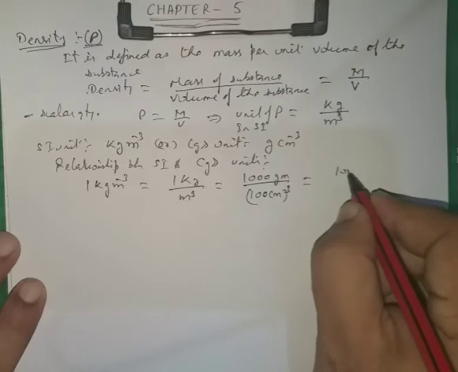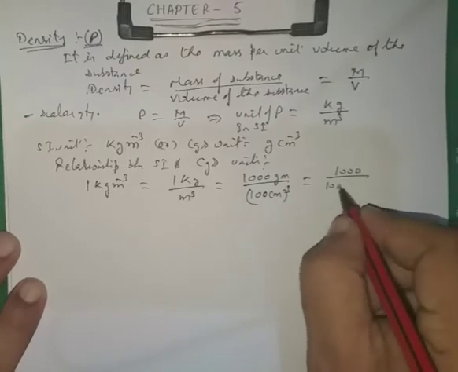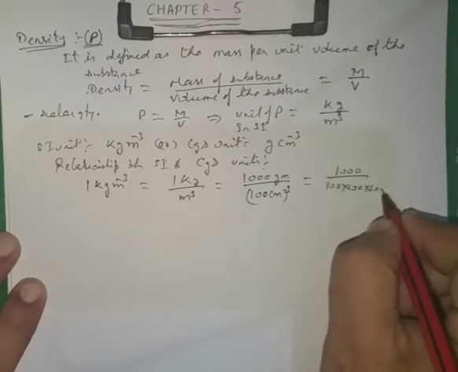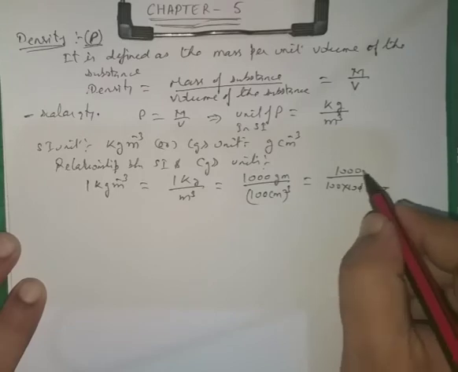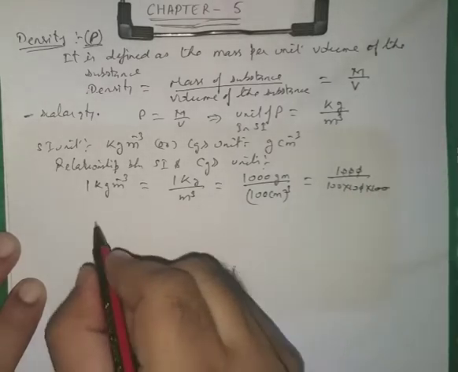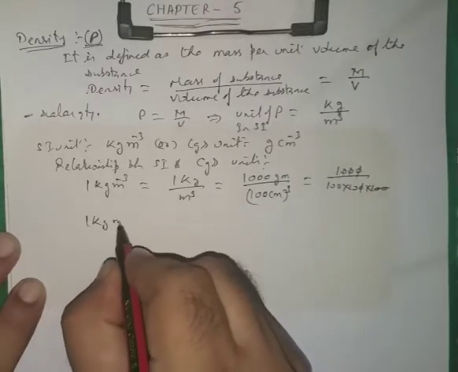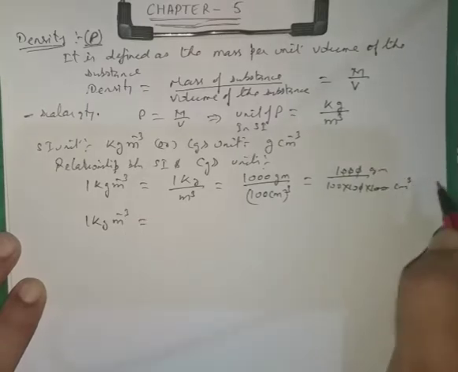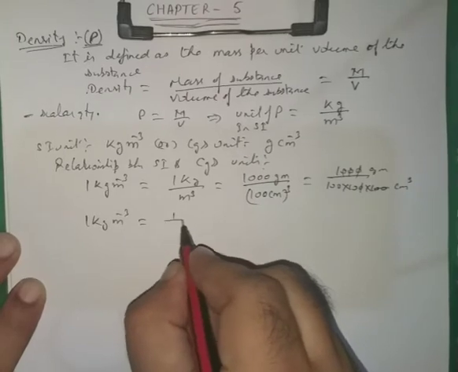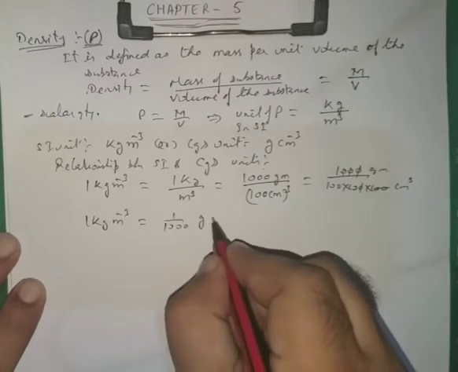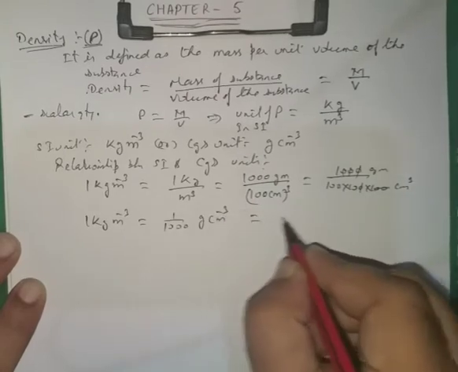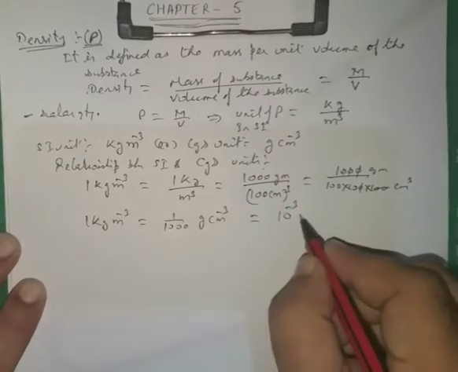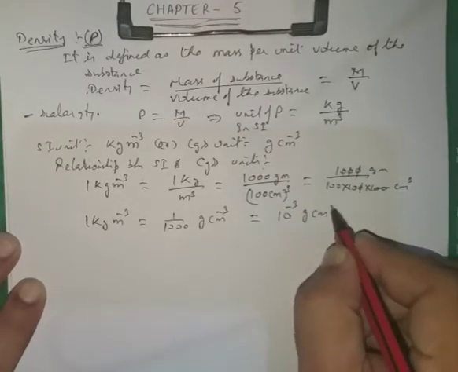So this will be equal to 1000 over 100 cubed. So 1 kg per meter cube is equal to 1 over 1000 gram per centimeter cube, or we can say 10 raised to power minus 3 gram per centimeter cube.